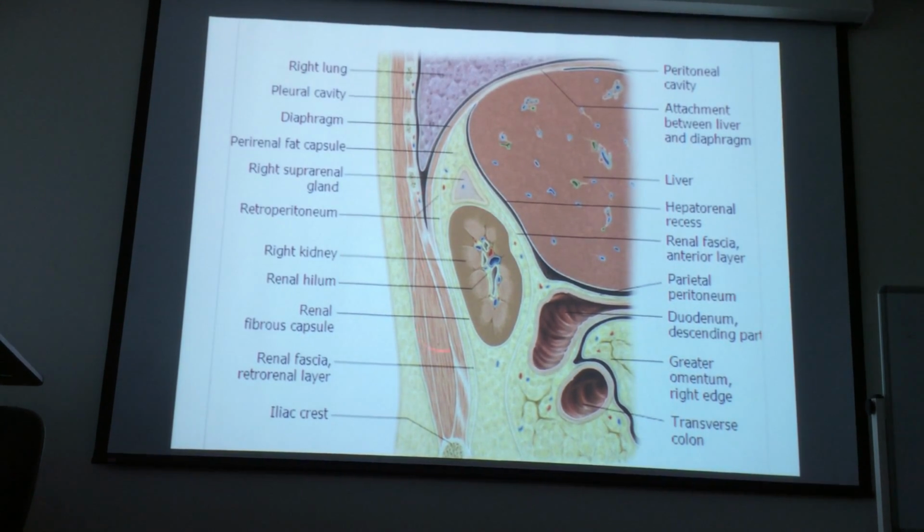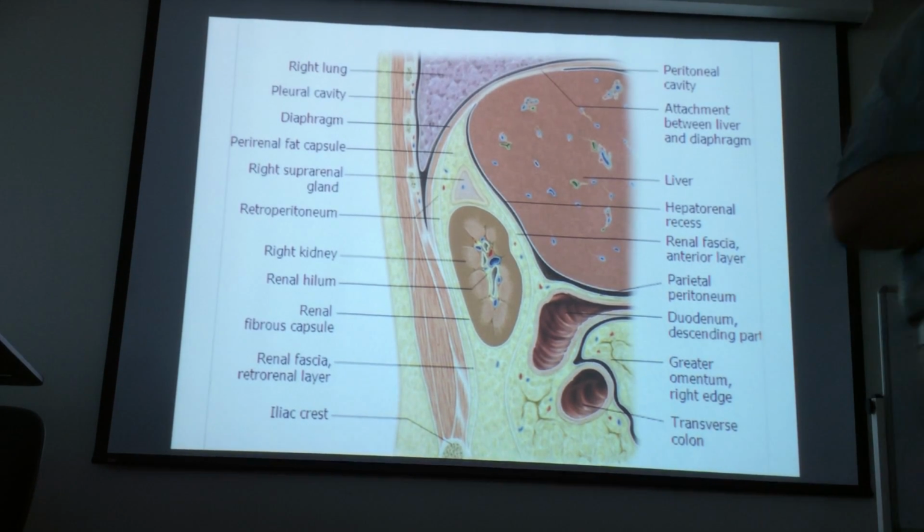So a question can be generated in this relationship. So be careful, if you are given an option, a surgeon is doing surgery and suddenly something happens, which structure is being opened up? So think.